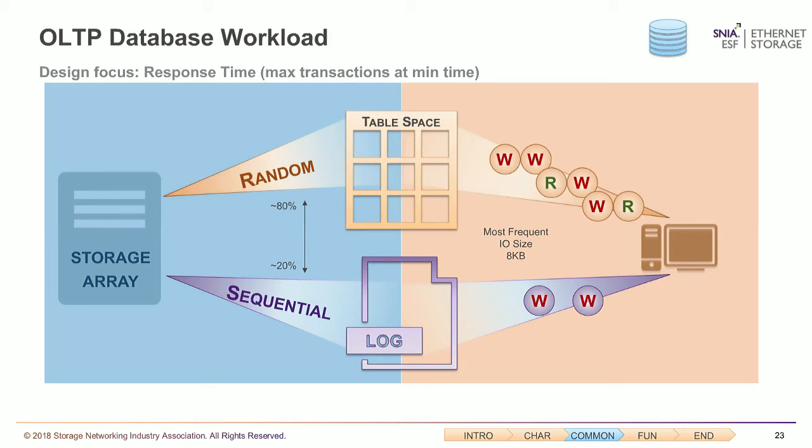Yeah, so basically I look at the table space as the records, right? And they look very much like a spreadsheet in that there are rows and columns: customer name, customer address, dates, etc. So when a transaction takes place, that is where it is recorded in that customer record.